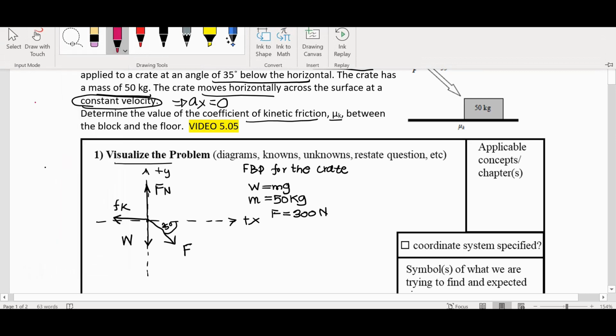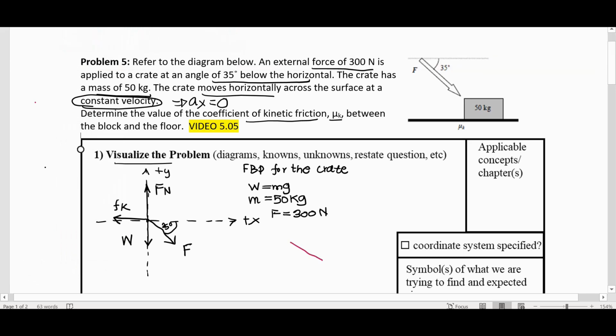So now I'm going to draw a vector diagram to show this applied force and the two components acting along the x direction and y direction. The component acting along the x direction is equal to force applied times cosine of 35 degrees. And then the y component is F sine 35. You have to use your knowledge of trigonometry to find the x and y components of the applied force.